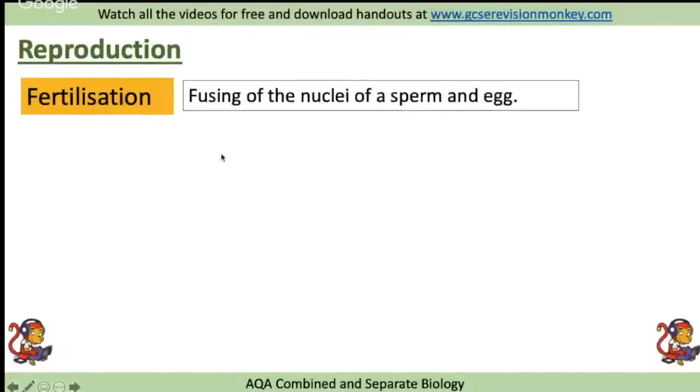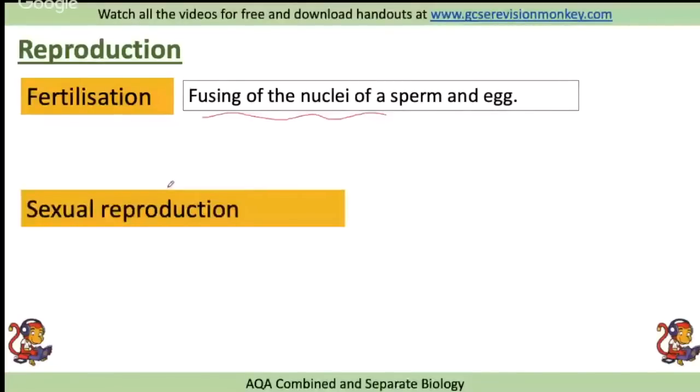Reproduction. We'll start off with fertilization first of all. Fertilization is the fusing of the nuclei of the sperm and egg. Sexual reproduction then is what involves fertilization.